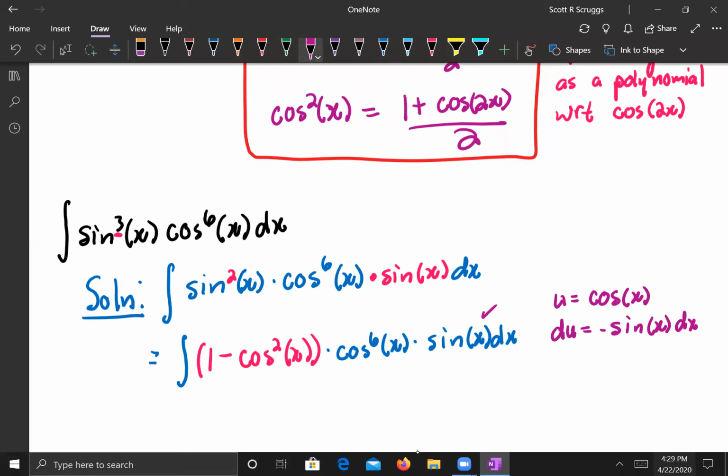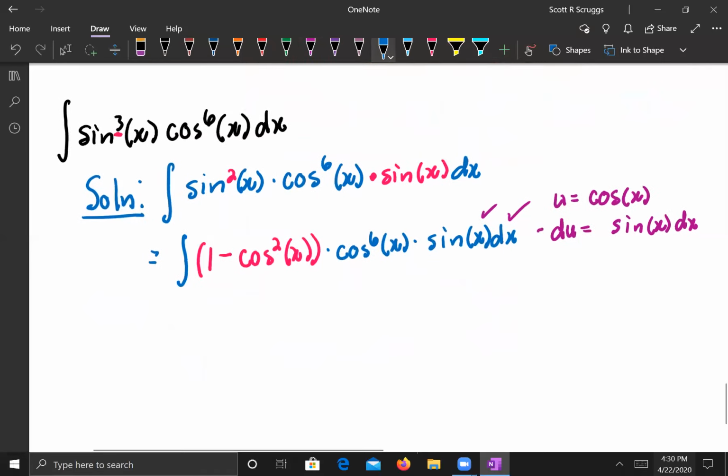I have a sine of x appear in my integral. I have a dx appear in my integral. I don't have a negative sign, which means I have to move that constant to the other side of that equation. So that means sine of x dx will be negative du.